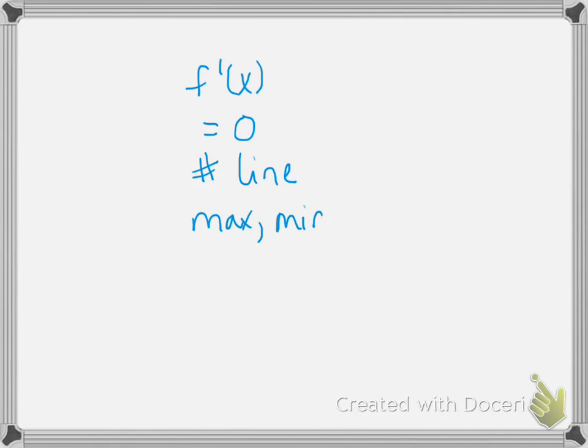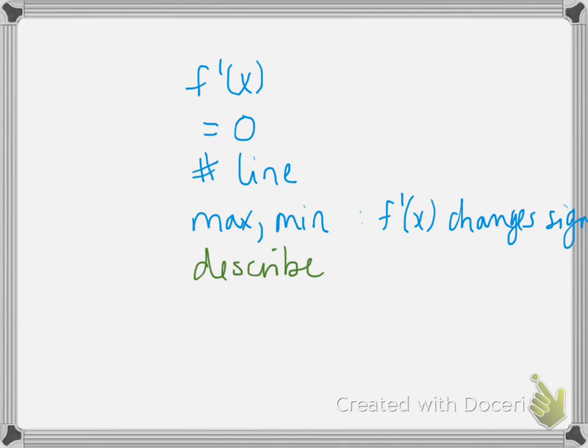So to sum it up, if you're looking at an equation, you find the derivative, set it equal to 0, make a number line, look for any maxes and mins, like where f prime of x changes sign, describe it, like that there's a max because f prime of x changes from positive to negative.